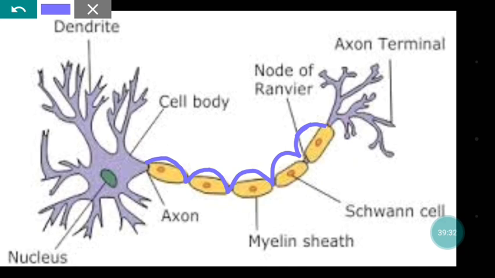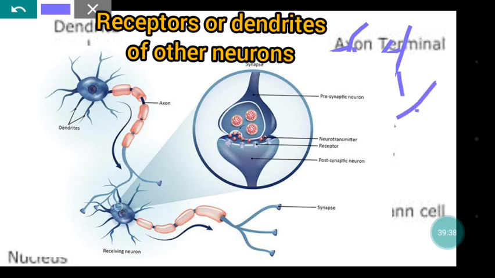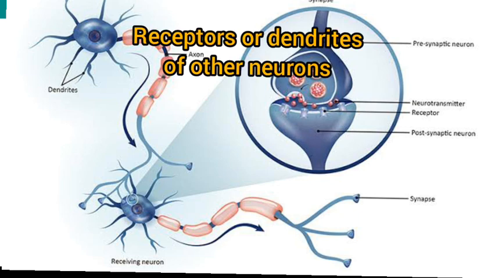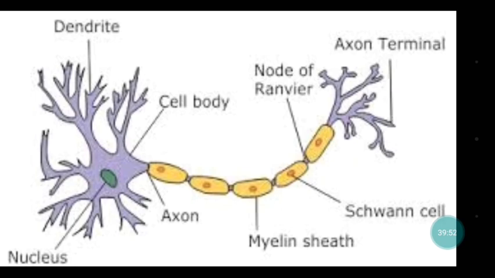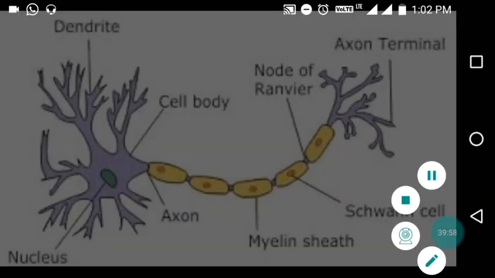If the axon terminal of another neuron is present, there will be a synapse. The neurotransmitters are ejected from here and come to the other cell and create nerve impulses there. This is the dendrite and this is the axon terminal.